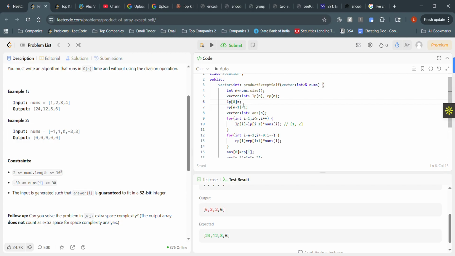So while initializing, it shouldn't be with 1, it should be with nums of 0. And similarly here it would be nums of n minus 1. Okay, let's try running it now.